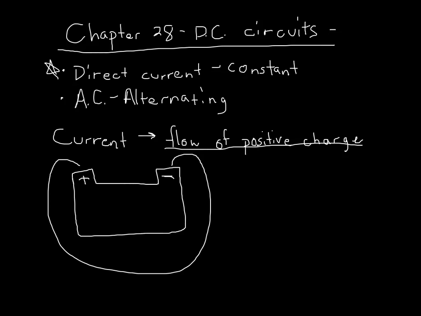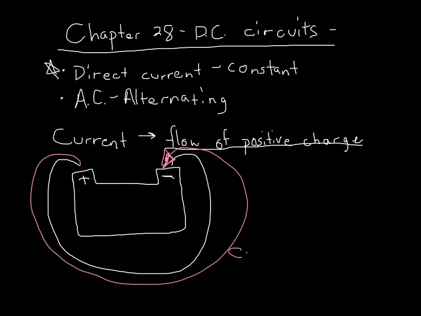Our current is going to go from positive over to negative. So that's the direction of our current. The charges themselves, the actual charges that move, are going to be the electrons, the negative charges, which are actually going to go from negative to positive.